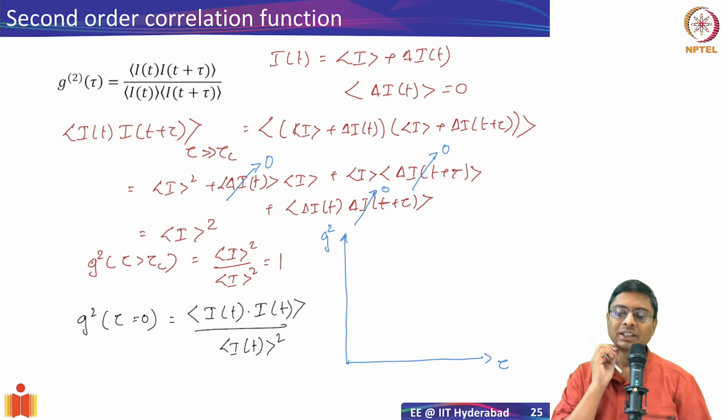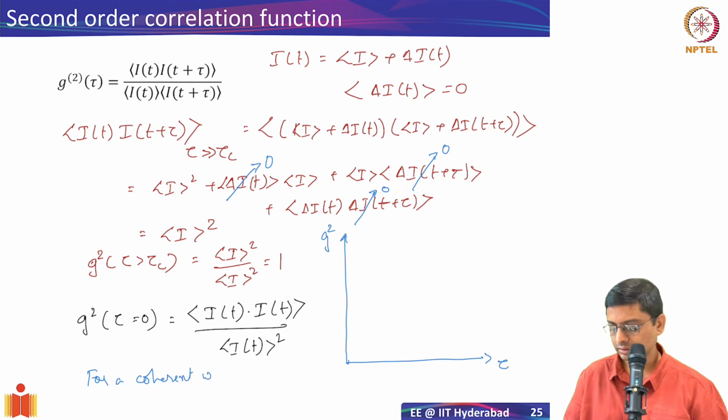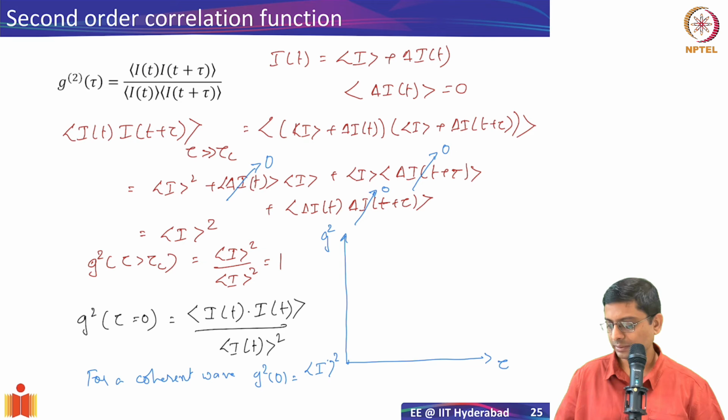We have already seen that if you have a perfectly coherent wave, there are no fluctuations in the intensity. So for a coherent wave, G2 of 0 is going to be simply average I square divided by the average of I, whole square.